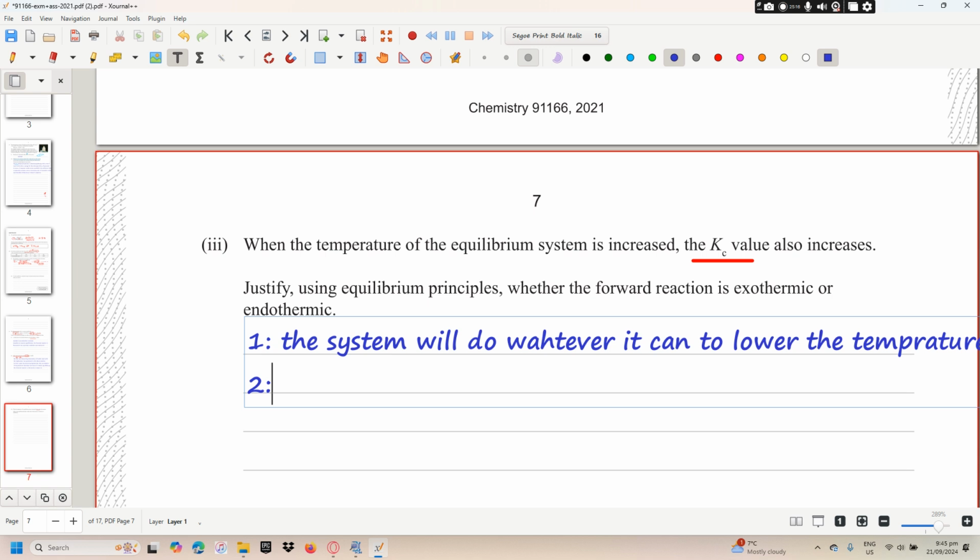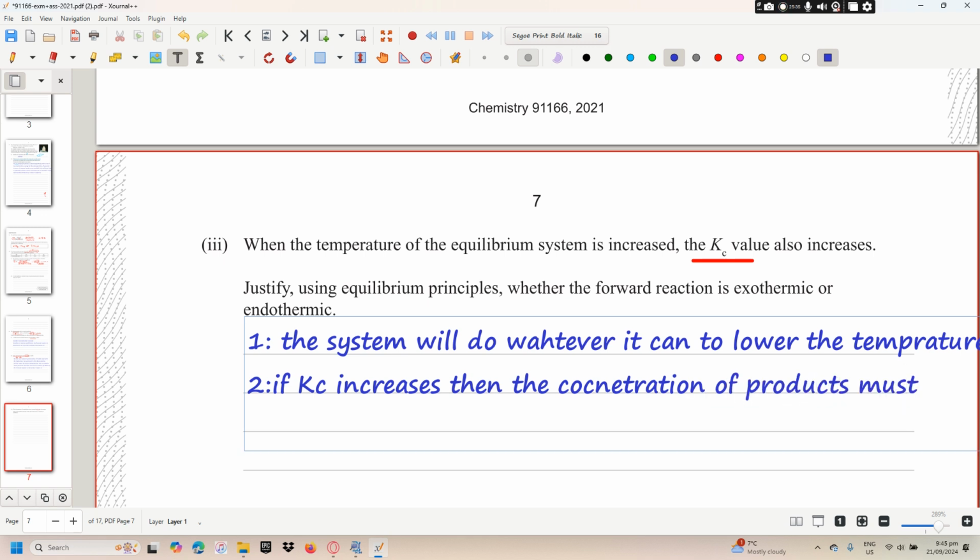The system will always try to undo the change. Alright, so if Kc increases, remember Kc is the products over reactants, then the concentration of products must have increased.